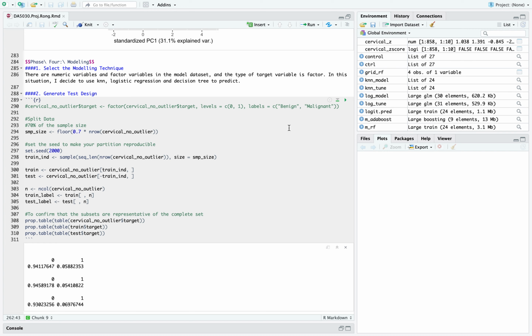In the modeling part, I built three models: KNN, logistic regression, and decision tree.